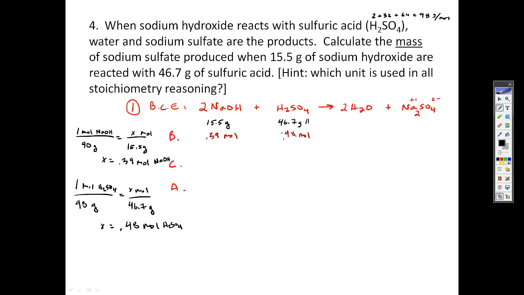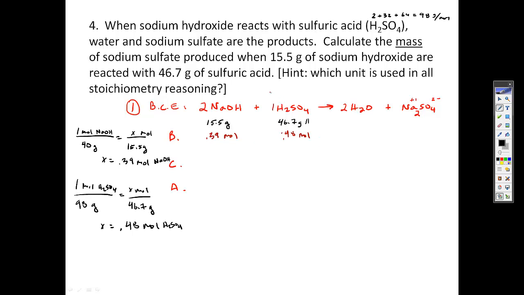How much sulfuric acid are we going to need? Well, if the ratio is 2 to 1, sodium hydroxide to sulfuric acid, I'm going to need half that much sulfuric acid to fully react with the sodium hydroxide. So it's going to have to be 0.19 is what I'm going to need.